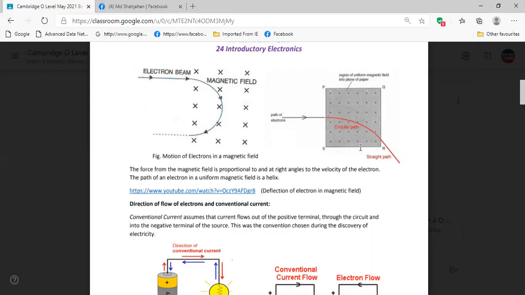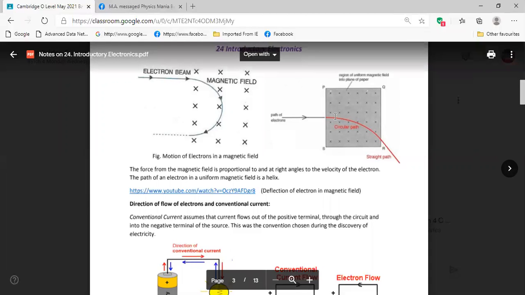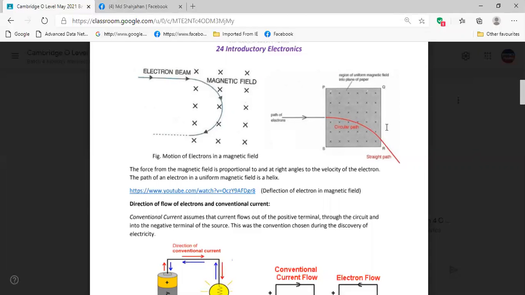Your current flow. Then you see your thumb is moving down, right? Are you checking? Yes, sir. Okay, your thumb is showing down. So this direction is showing you the flow of electrons in a magnetic field.